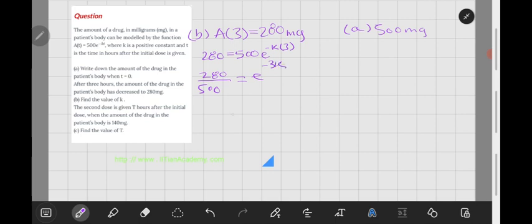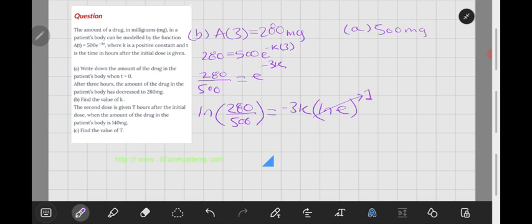And then if we take the ln of both sides, so that we can use the ln rules for a base e, and rearrange this power that the e has been raised to, we get ln of 280 over 500, and I will be bringing the power down, negative 3k, times ln of e, which is just 1.